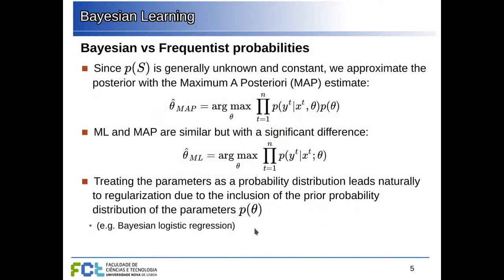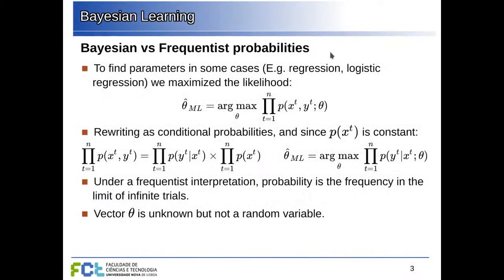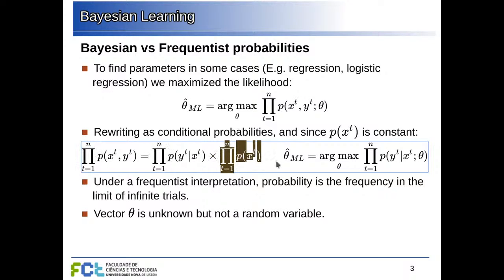So this forces us to take into account explicitly this prior probability distribution. We can still do the same kind of approximation here. So in this case, we discarded the marginal probability of the features here, and focused only on what was relevant for our classifier or our model to optimize the parameters.